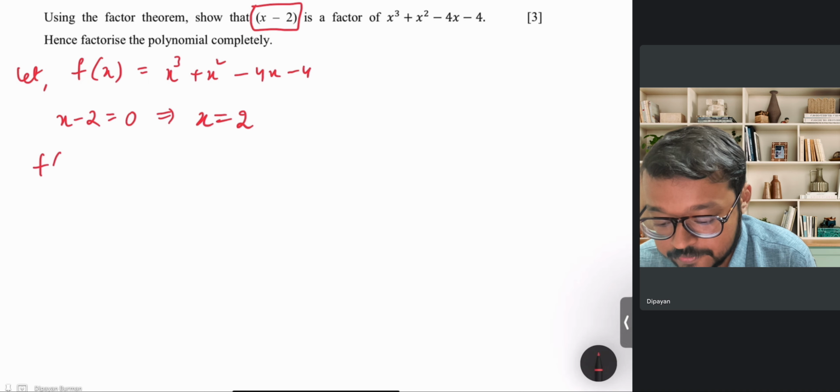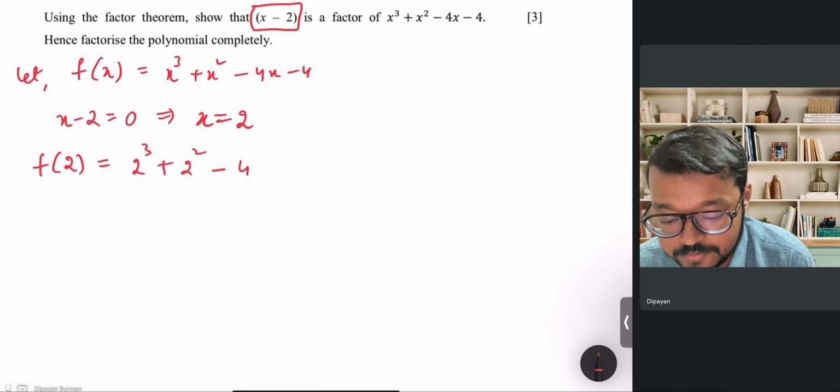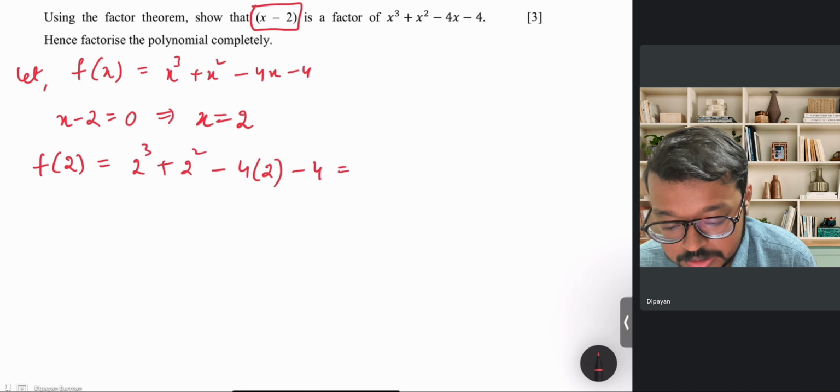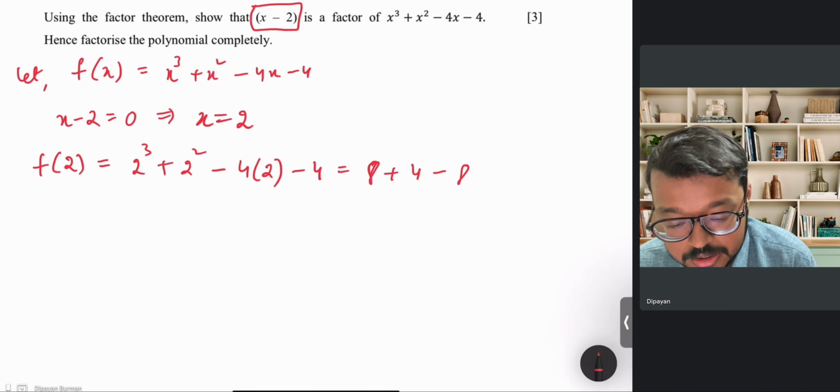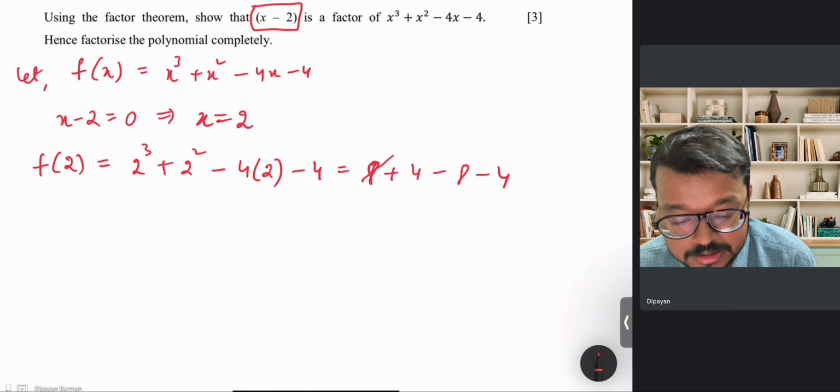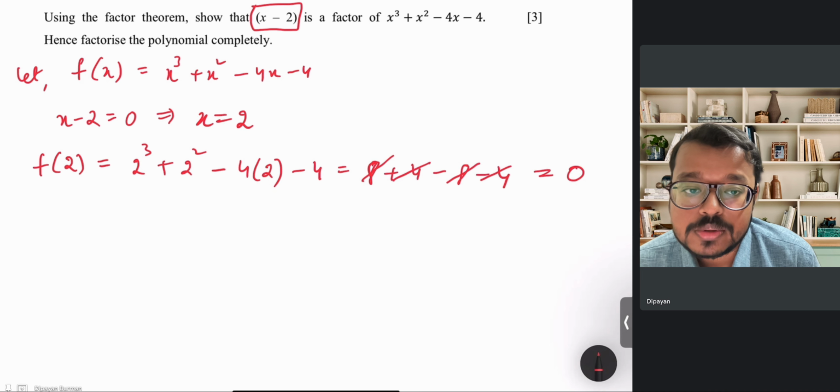So that is f of 2, and that is equal to 2 cube plus 2 square minus 4 into 2 minus 4. So this is equal to 8 plus 2 square is 4 minus 4 into 2 is 8 minus 4. 8 and minus 8 is 0, 4 and minus 4 is 0. So this is equal to 0.